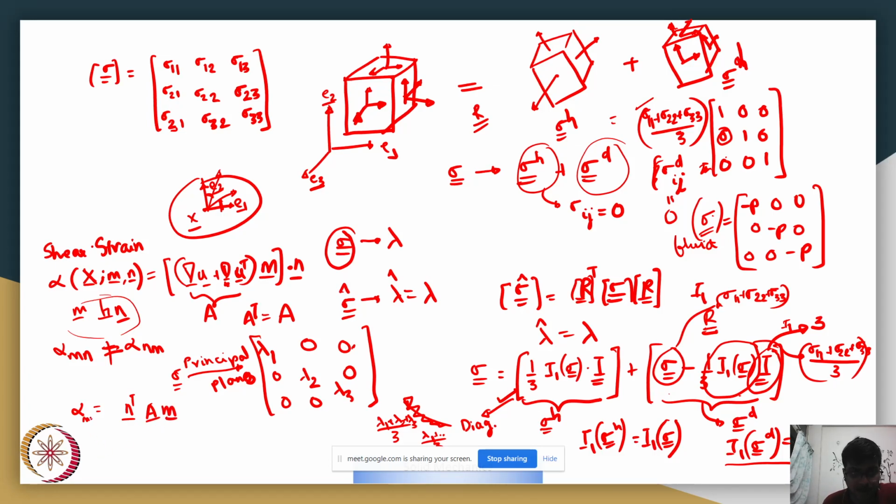For alpha nm, this product will be n dot m, which you can also write as (n A) whole transpose m, which is nothing but n A transpose m. But since A is symmetric, A transpose is A, so it becomes the same thing.